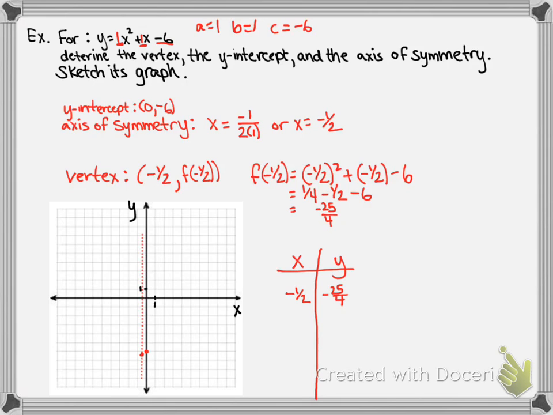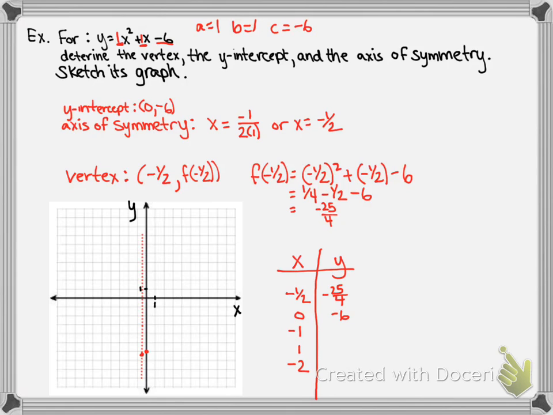But since we're starting with a fraction as an x value in the vertex, we're not just going 1 unit less and 1 unit greater, 2 units less and 2 units greater. I'm going to first choose the first integer less than negative 1/2, and then the first integer greater than. So 0 is the one that's greater than, and when I plug 0 in, I get negative 6, which we've already graphed. The next integer less than negative 1/2 is negative 1.